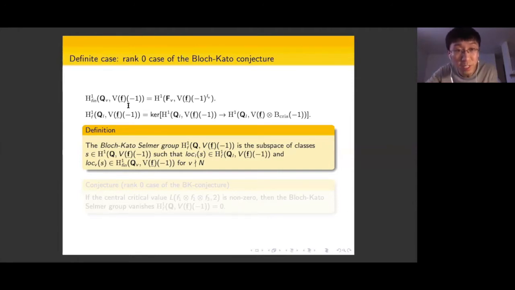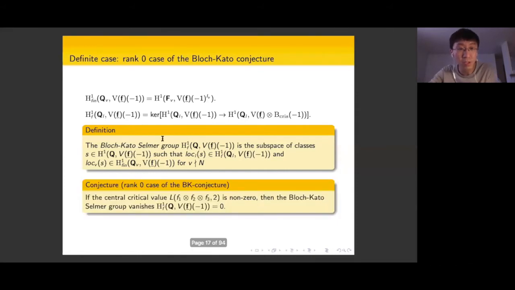So the motivating conjecture of this work is the following. I will refer to this as the rank 0 case of the Bloch-Kato conjecture for the triple tensor product motive. So if we assume the central critical value of the triple tensor product L-function at 2 is non-zero, then we expect that the Bloch-Kato Selmer group should vanish.